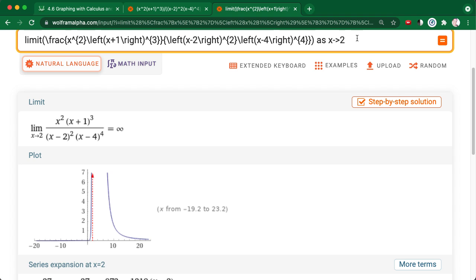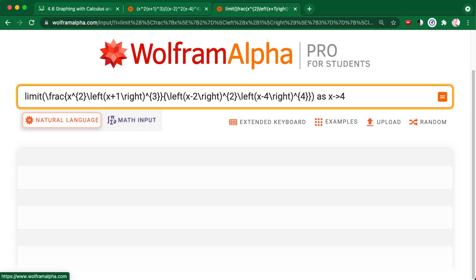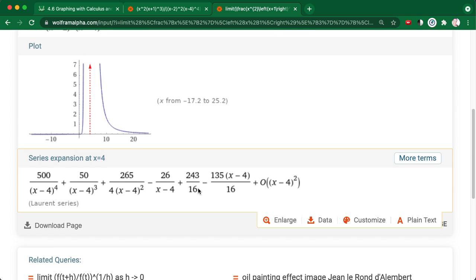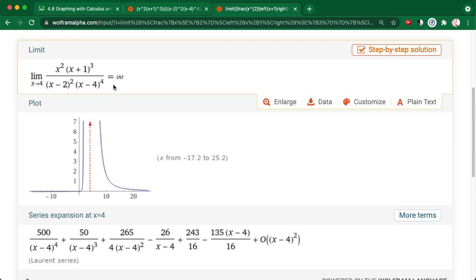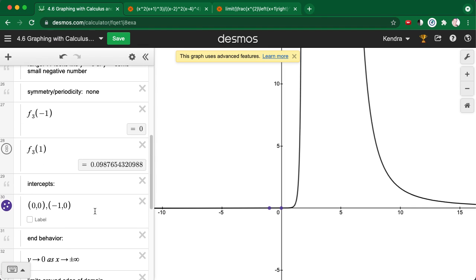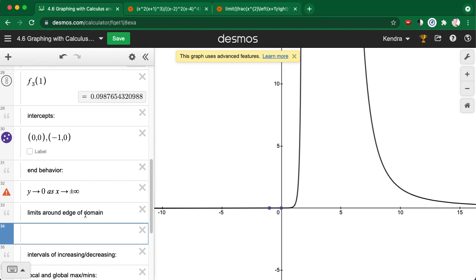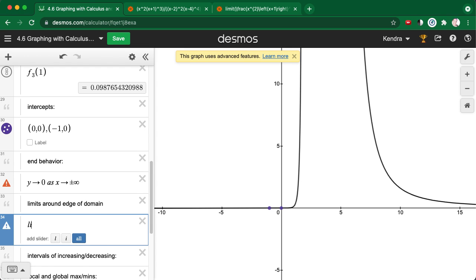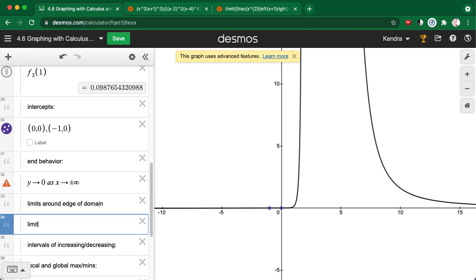And change this to as x approaches 4. And the limit as x approaches 4 is infinity. So let's actually put in x approaches 2 and as x approaches 4 are both infinity.